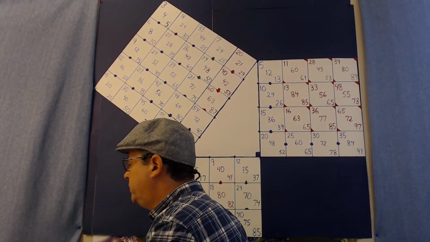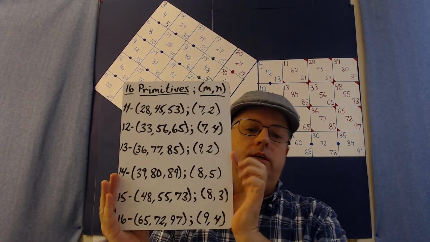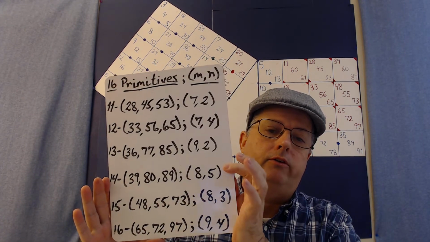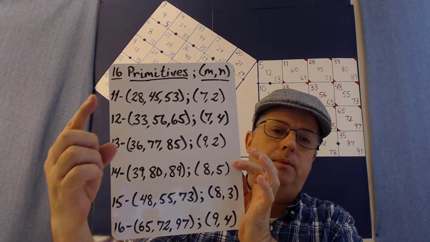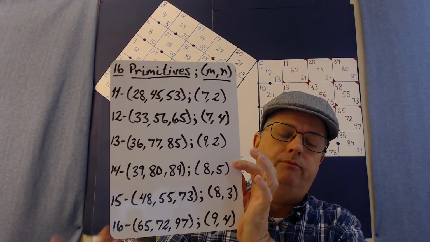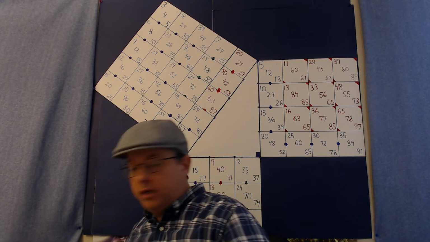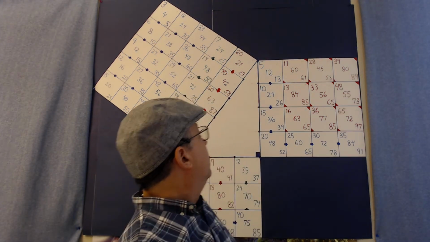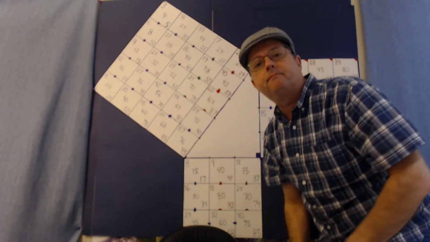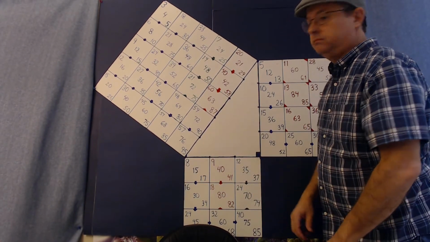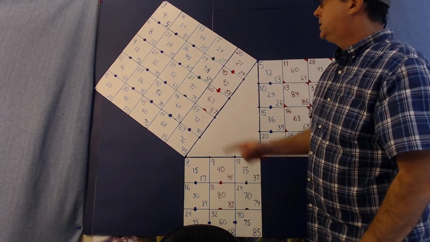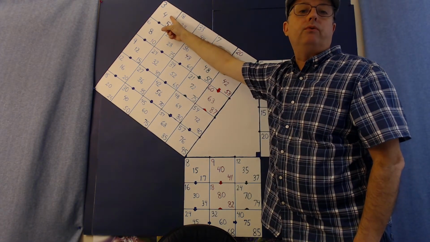And then so continuing, these are the other remaining Pythagorean primitive triples, and the m and n values that are used to generate those. And so the idea is that we have 16 primitives, and if we look at our illustration here, the 16 of them, this is the first one, 3, 4, 5.